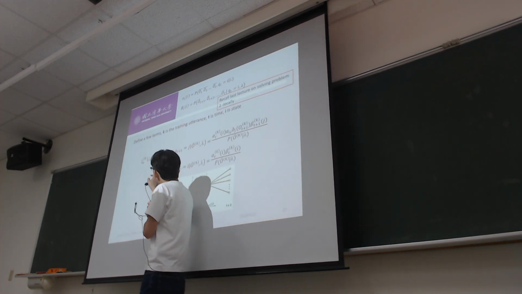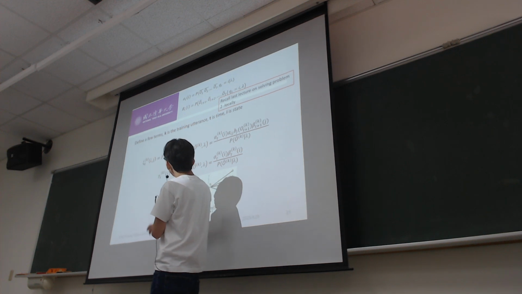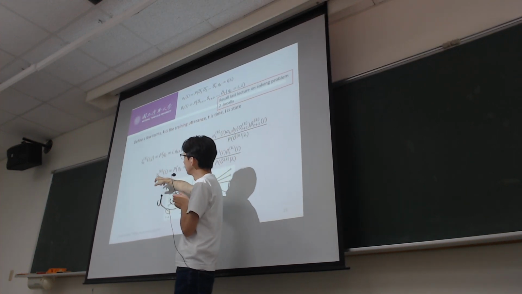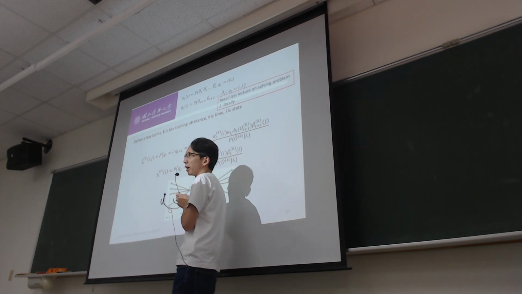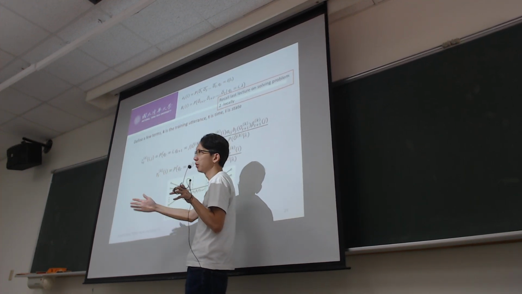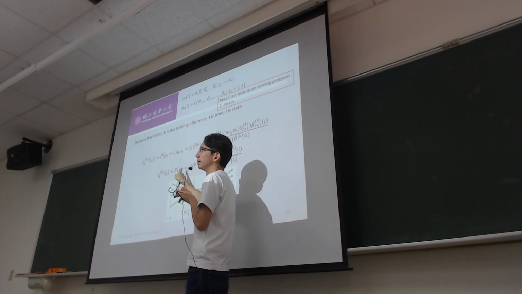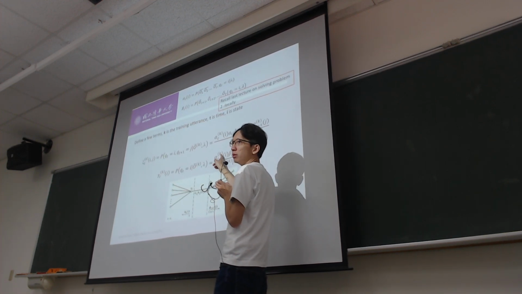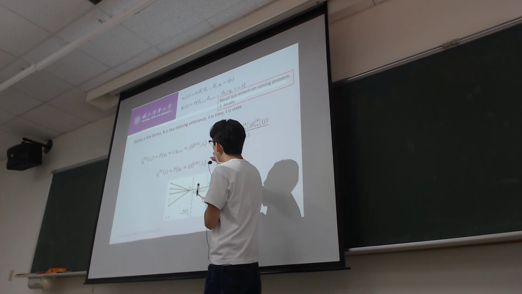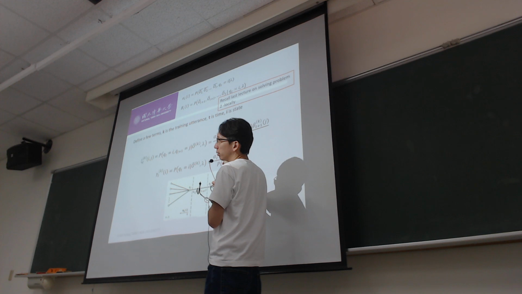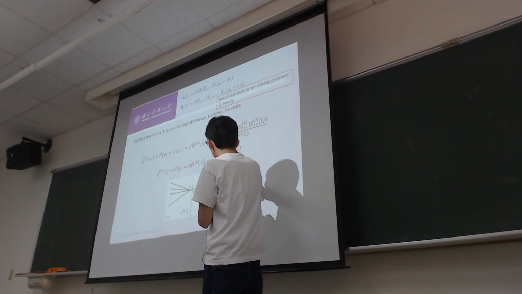Gamma t k i, we write as the probability that q t equals i. In the previous one we called it beta t, now we call it gamma t. This is the probability, looking at the entire observation sequence and the given current model, that at time t you're in state i. We know that this equals alpha t, the forward variable at state i, multiplied by the backward variable at t and i, divided by the total.